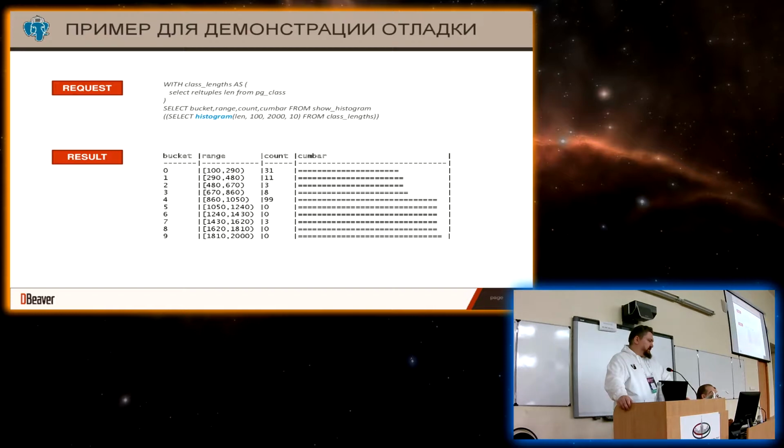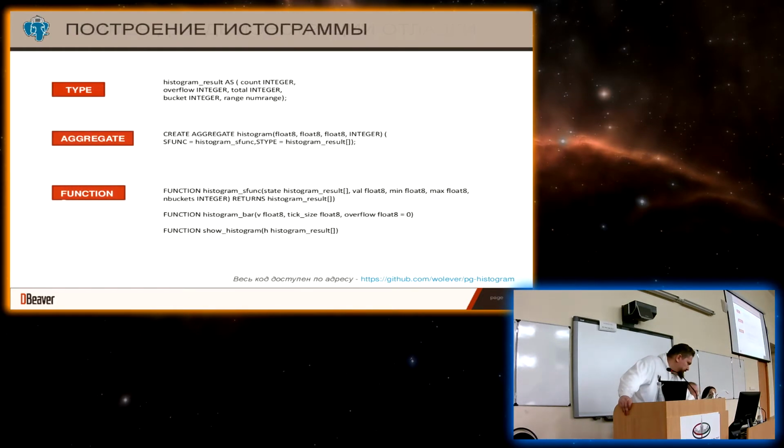The top query is select tuples from PG class. PG class is the main table, and it builds the histogram in length by tuples. Well, it is not very functional, but it is simple to see this function here.